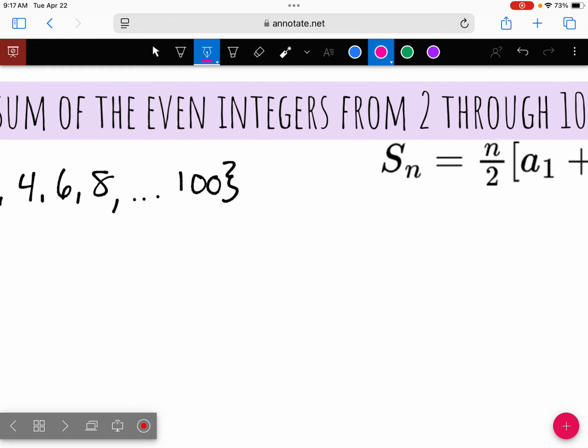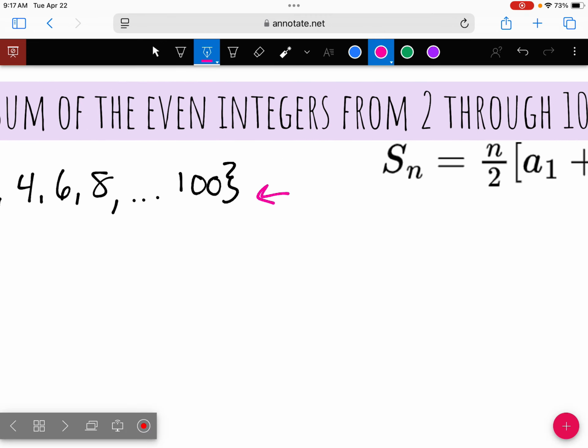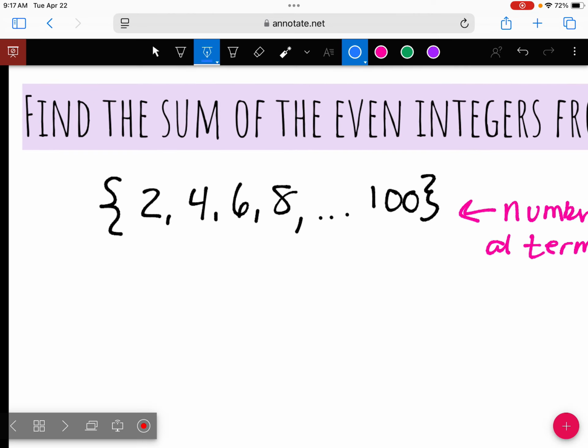So the number of terms, n, is 50. What's our first term, our a sub 1? 2. What's our a sub 50? 100. This guy is our 50th term.